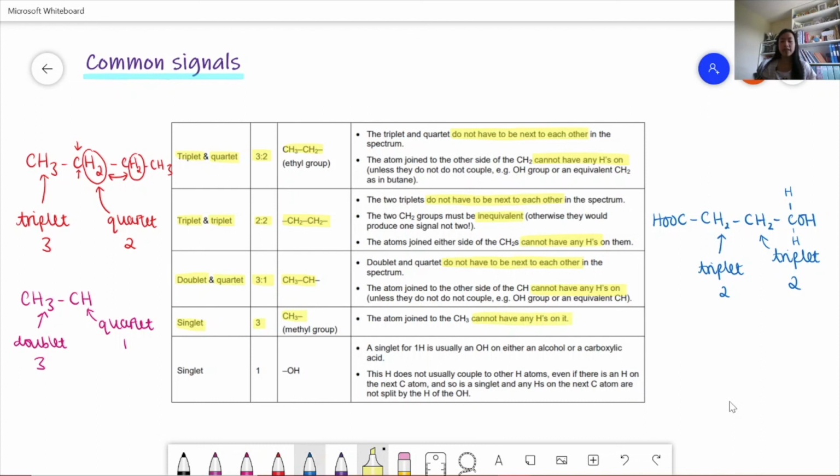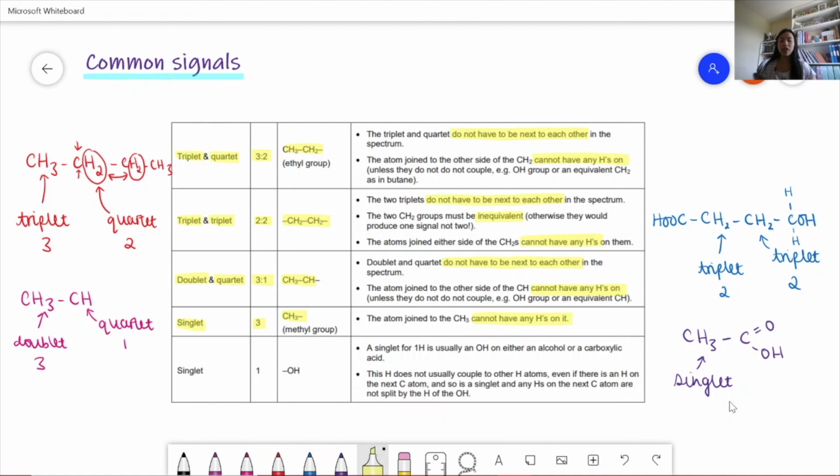The reason we get this singlet is because if we have a look at this methyl group, we have a CH3 group, and these three hydrogens are all in the same environment because they're all attached to this carbon. And so we form a singlet peak because the carbon joined to this carbon can't have any hydrogens on it. So, for example, we could have a carboxylic acid group, and this would work. So this is how we would find a singlet.